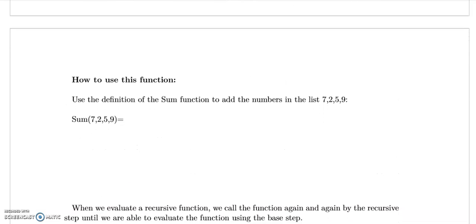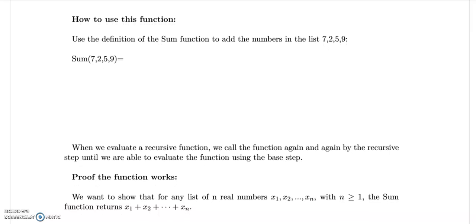So we're going to use the definition of the sum function to add the numbers in the list 7, 2, 5, and 9. We are very used to adding numbers, but how can we actually do it using this sum function?